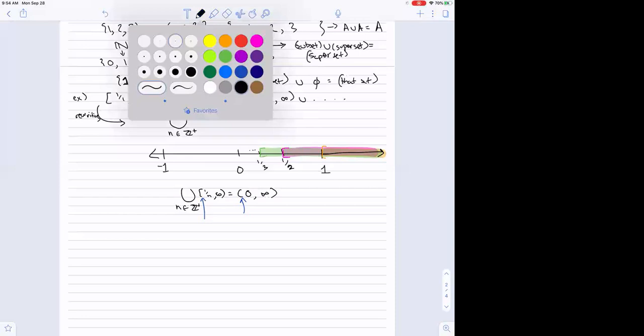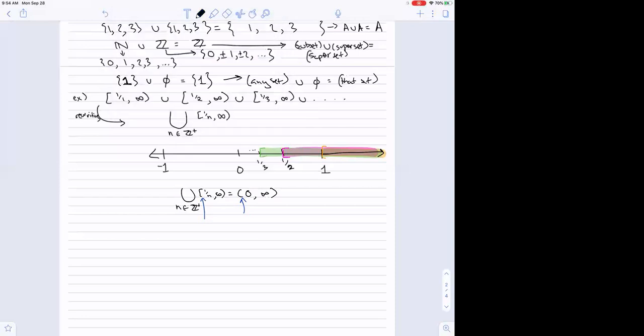That sort of thing can happen when you take an infinite amount of unions, and you'll see more of this maybe in future courses: we took a union of closed or half closed intervals, and we ended up with an open interval. So these sort of things can happen. But is this example okay with everyone?